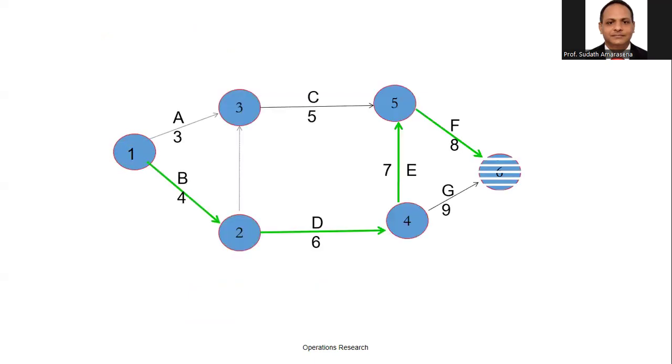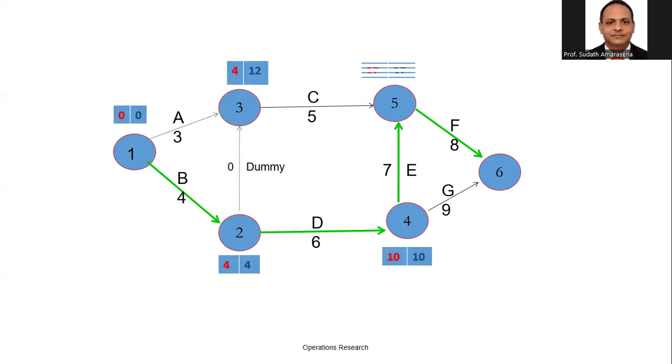The green color line represents the critical path. Now you can see that if you select any activity, you can see the head event and tail event. Activity A, tail event is 1, head event is 3.